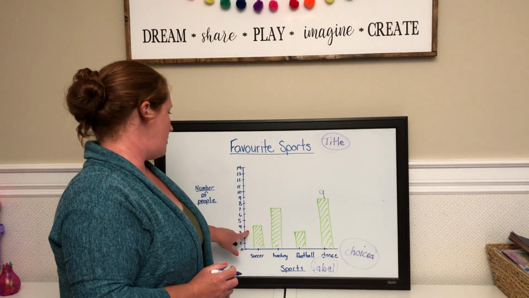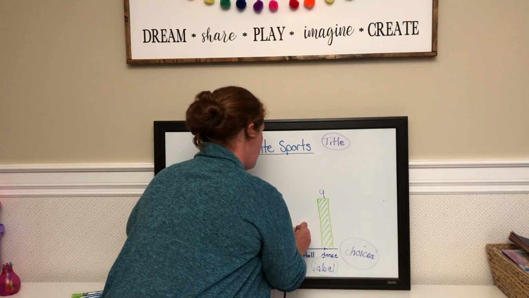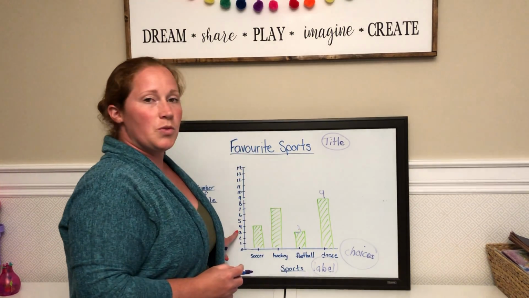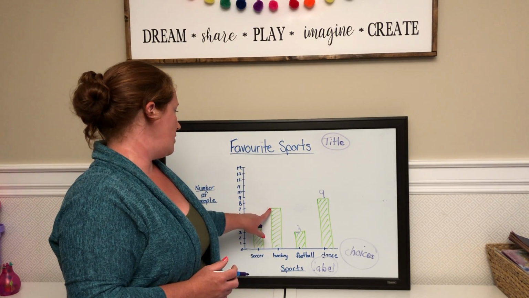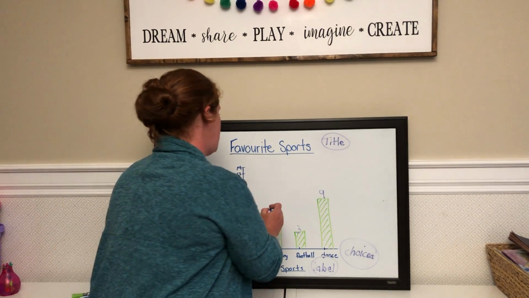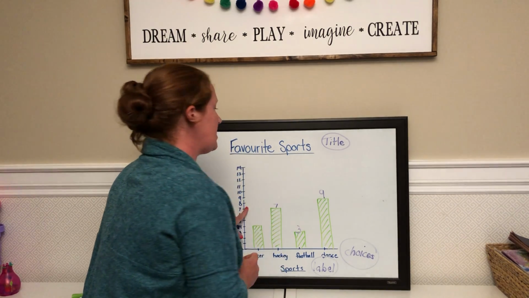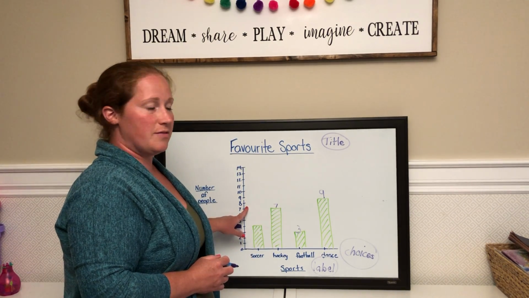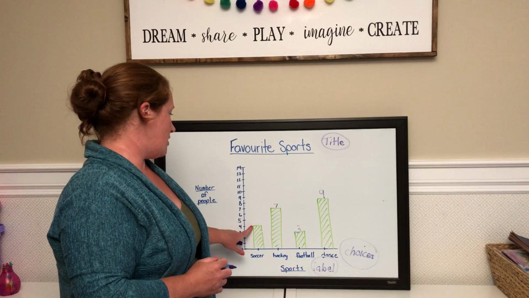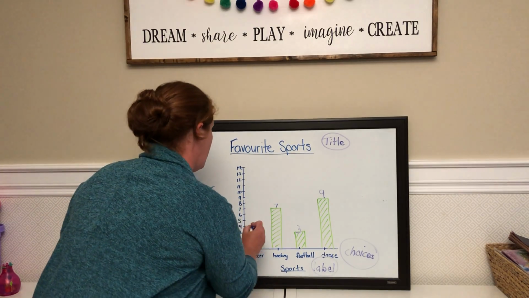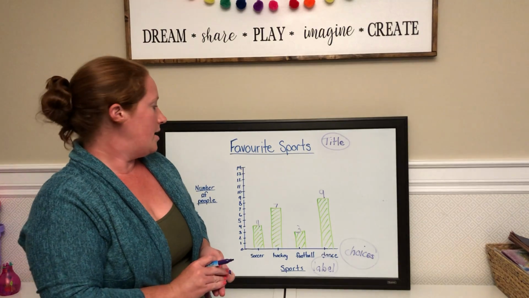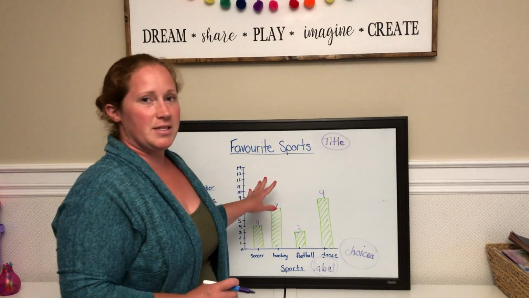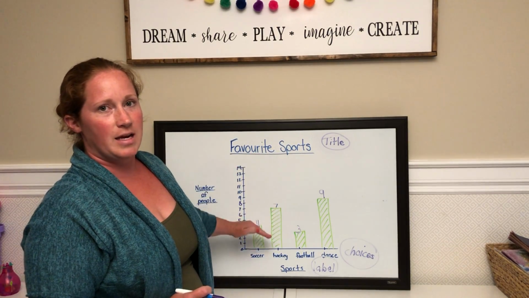Football, we look across, goes right to the number 3, which means 3 people chose football. Hockey goes right across to the number 7. So 7 people chose hockey as their favorites. And soccer goes across to number 4. 4 people chose soccer.